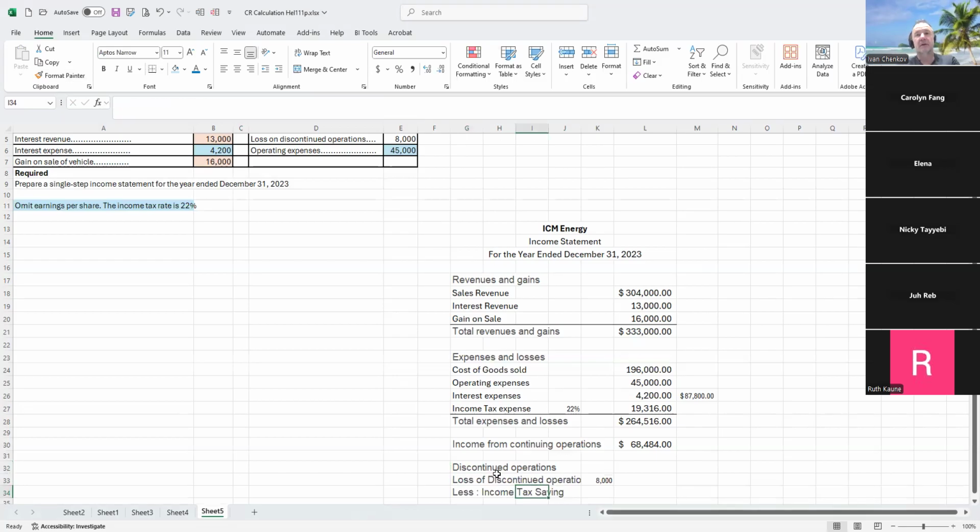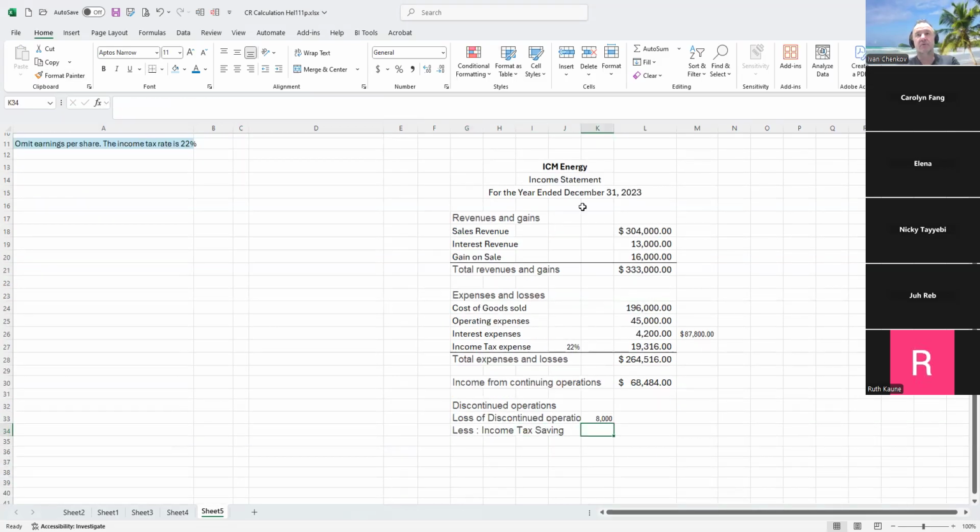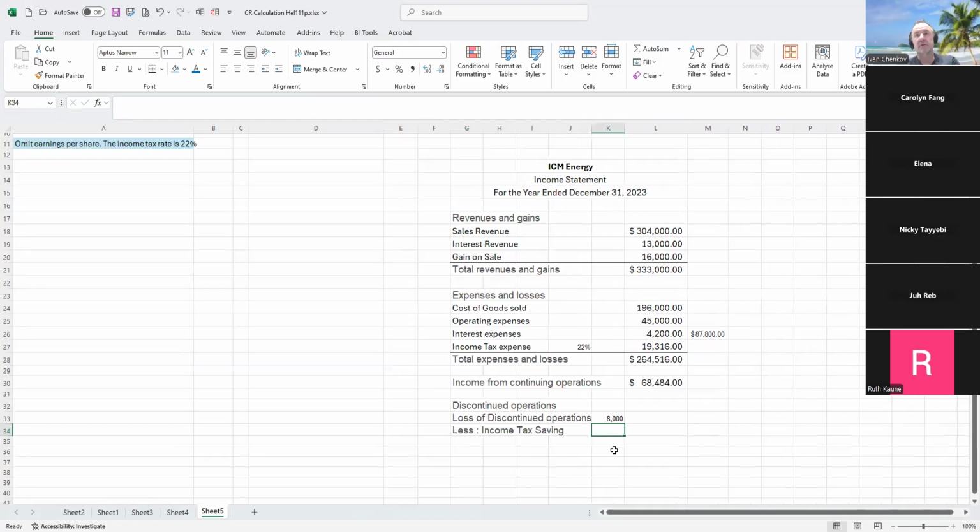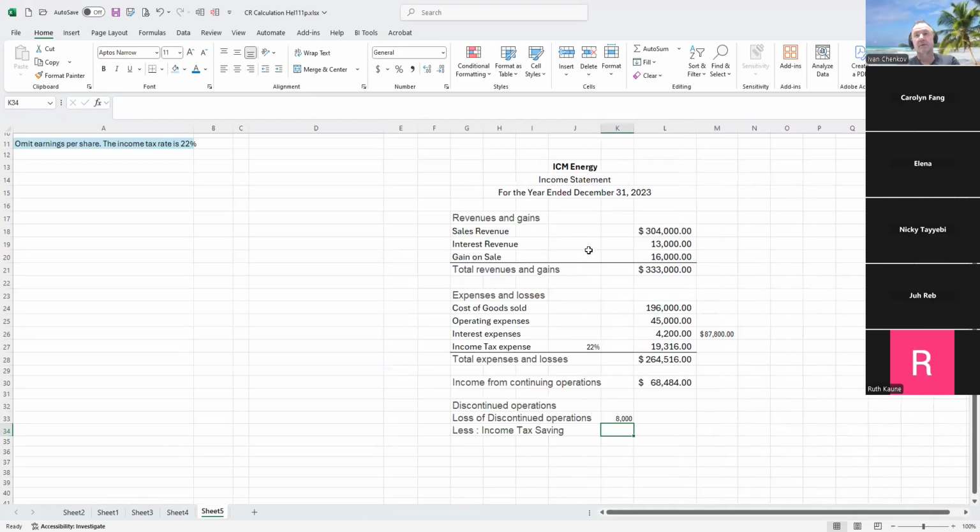So now we're going to have income tax saving, which will be equal to the loss times the tax rate. That will be 8,000 times the tax rate, which is 22%. So you can save 1,760 from your loss of 8,000.